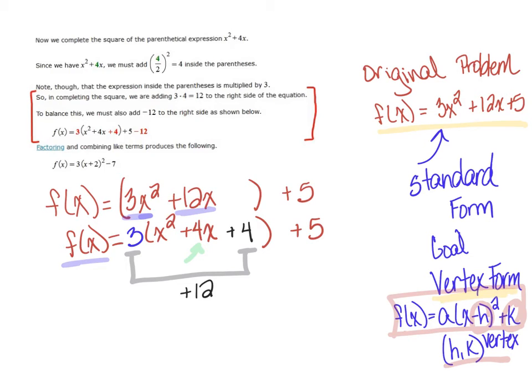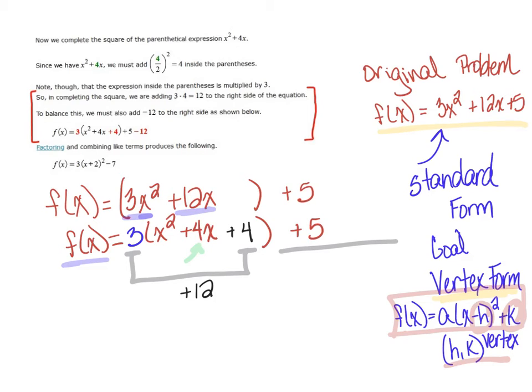Now, I've got to keep this balanced. So typically, if I was solving this, if I added plus 12 on one side, I would just add plus 12 on the other side. But what's happening here is we've only got one side to work with. So I need to deal with this side of the equation, and I have to keep it balanced.